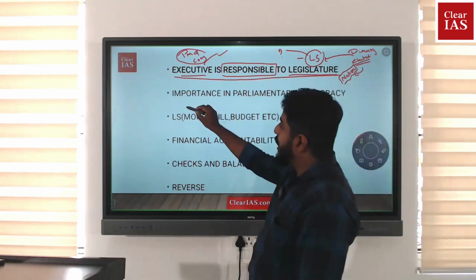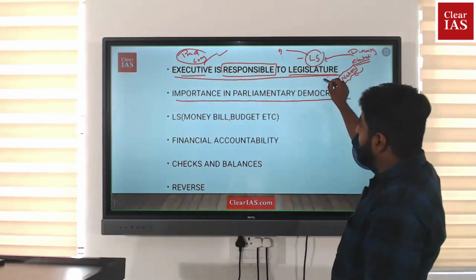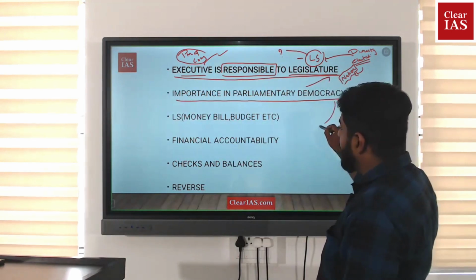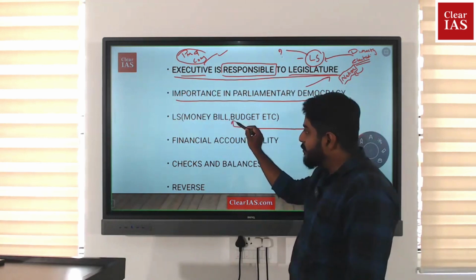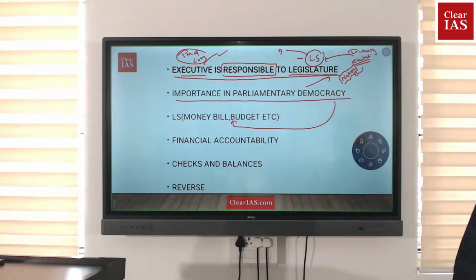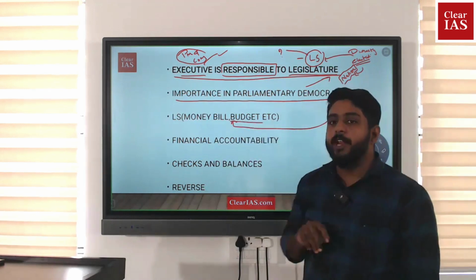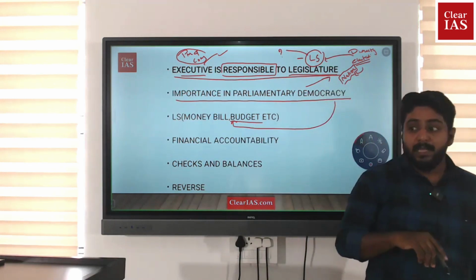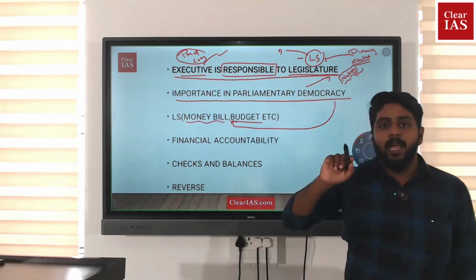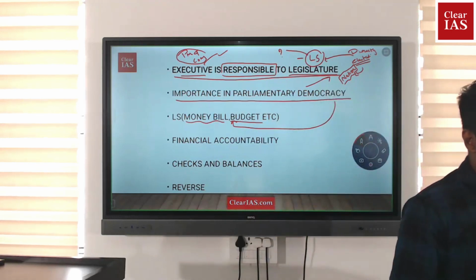So when it comes to the importance in parliamentary democracy, the importance lies with the Lok Sabha. In other words, we have given the power of money also to the Lok Sabha. Why? Because the budget is introduced in Lok Sabha, isn't it? The money bills are in fact introduced in Lok Sabha. And what can the Rajya Sabha do over a money bill?